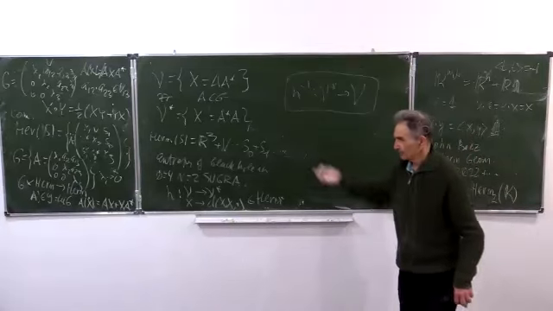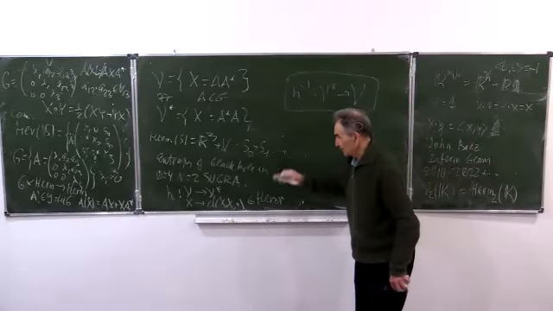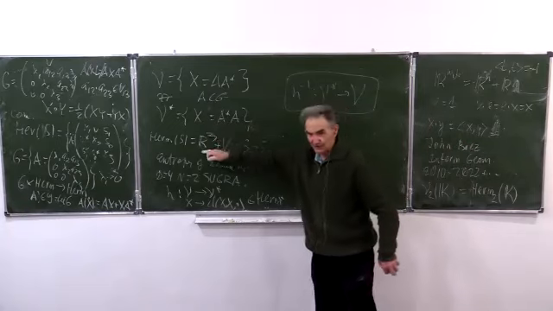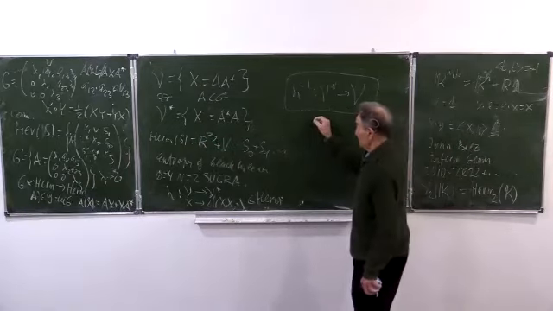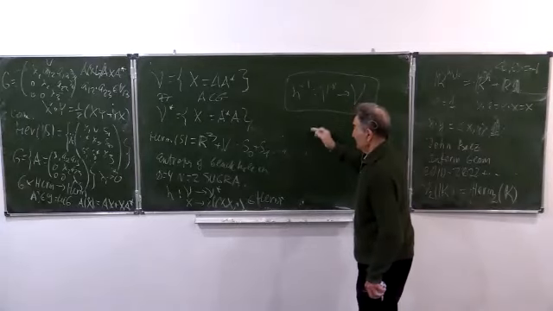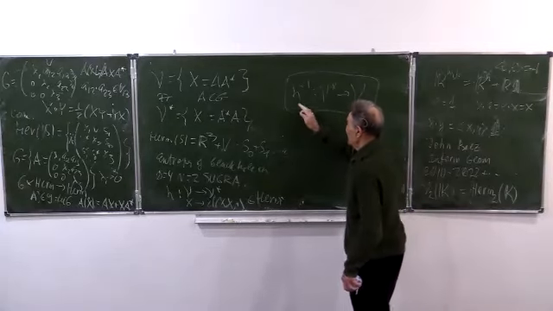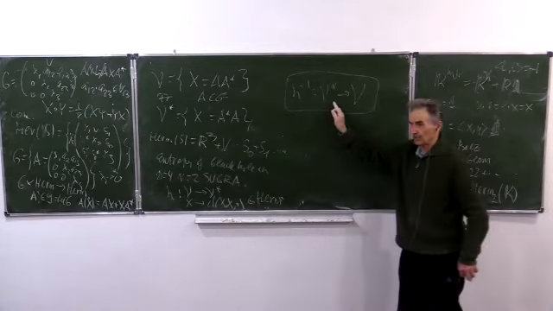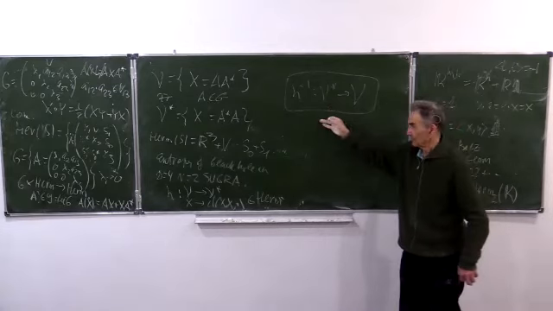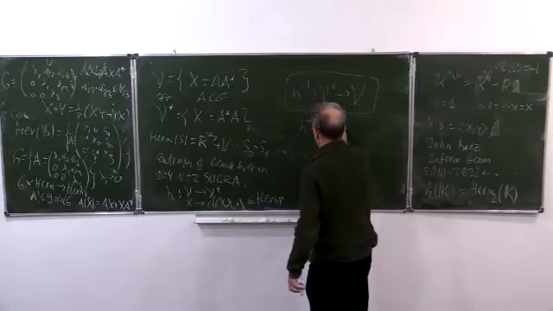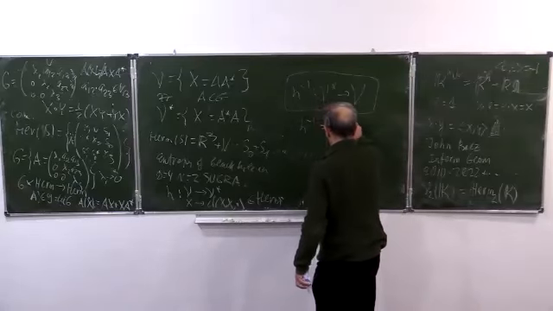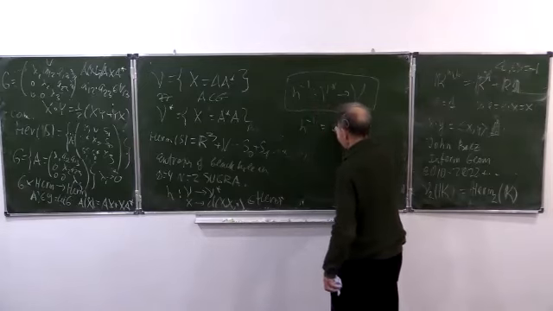Using the result that D coincides with D star, this formula becomes very simple because it's almost identical; only some scalar factor appears.